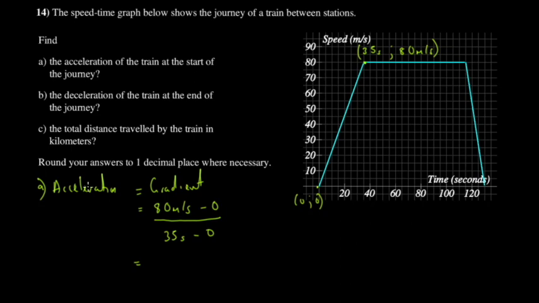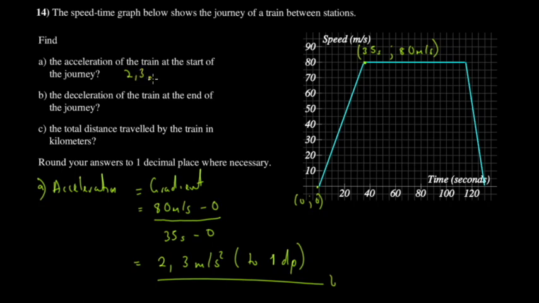They want us to round off to one decimal place, so it would be 2.3 meters per second squared to 1 dp. Okay, that's it. So this one would be 2.3 meters per second squared like this.